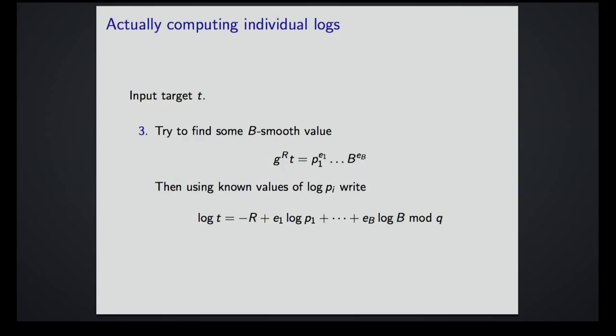If I find a value like that, then I can write down the log of the target in terms of my known value here and the known logs of each of the small primes, which I derived in the previous step. So the general structure of this algorithm is a pre-computation, which is relation finding and linear algebra, and then the actual part where we compute the log of a particular target.